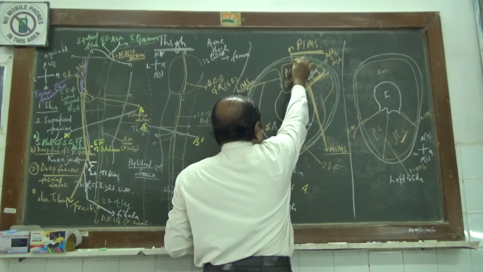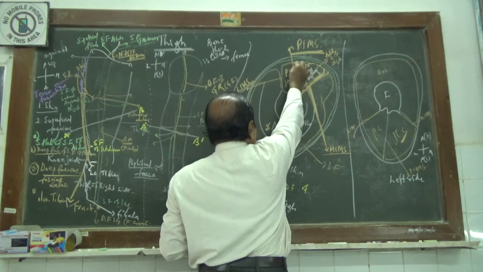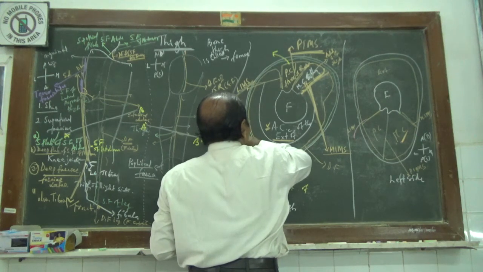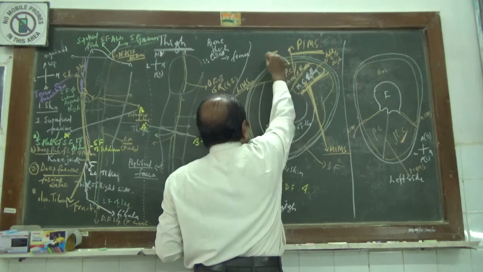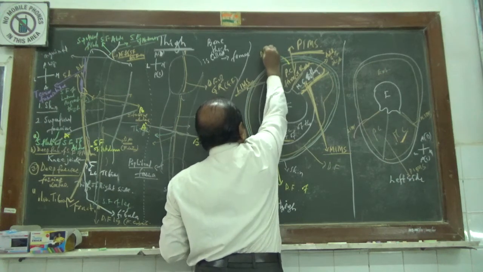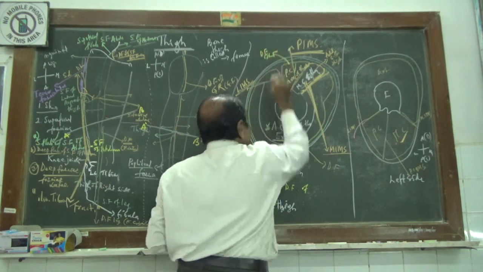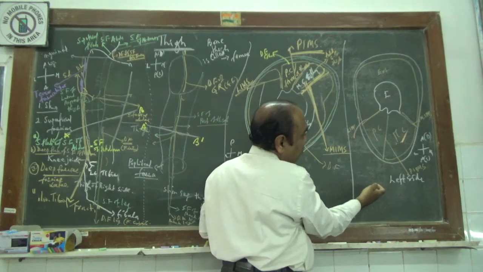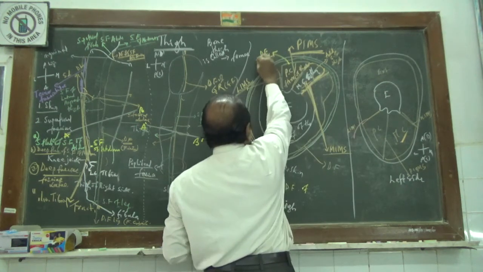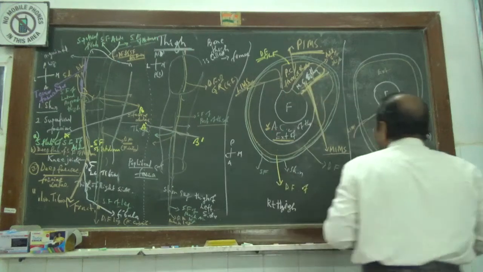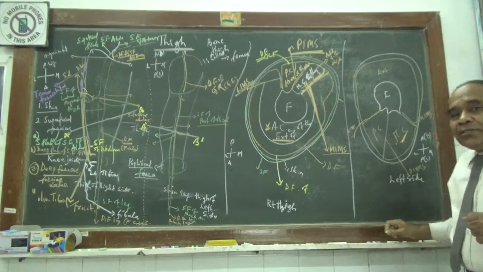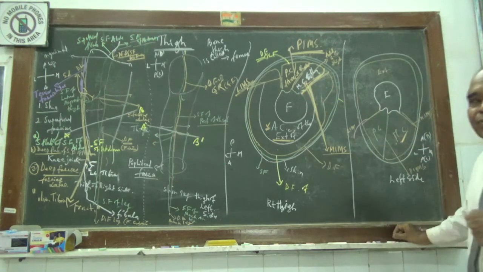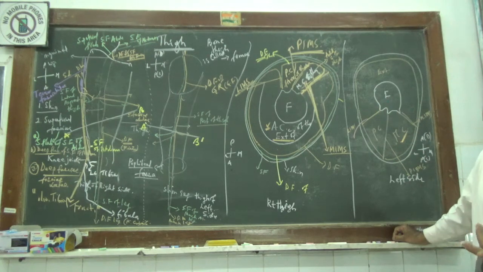Now, the posterior compartment of the thigh is completely covered up. That is the fascia lata of the thigh.